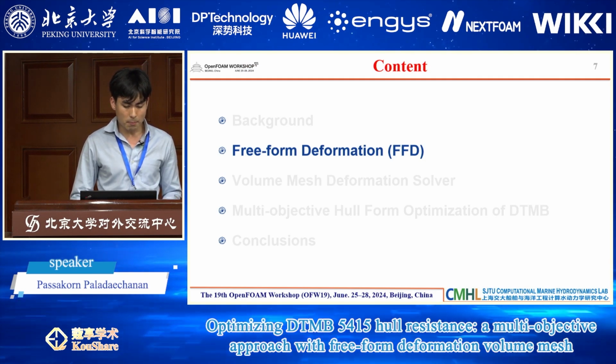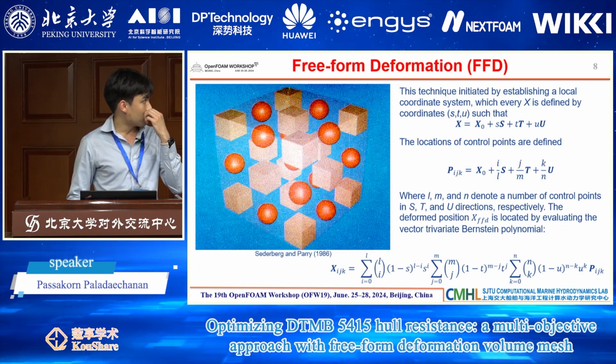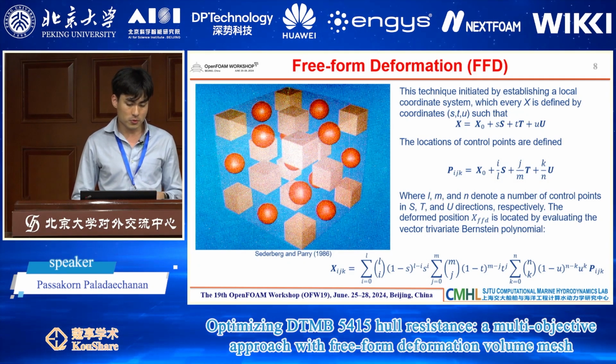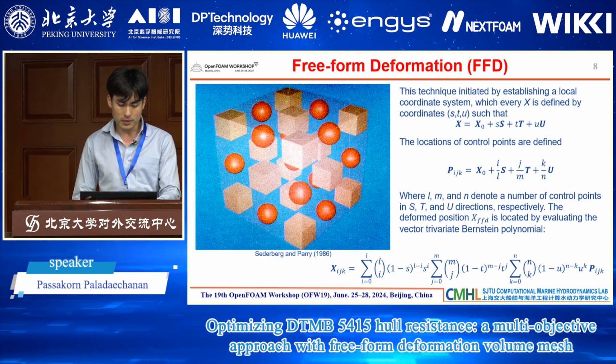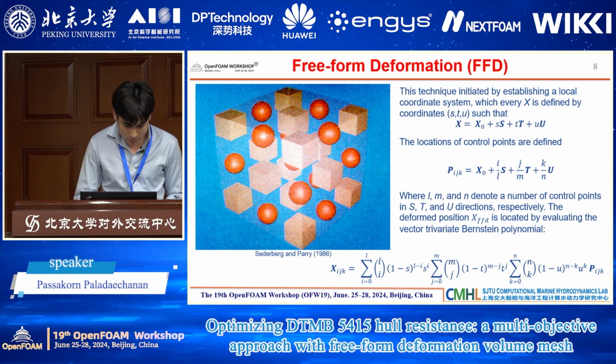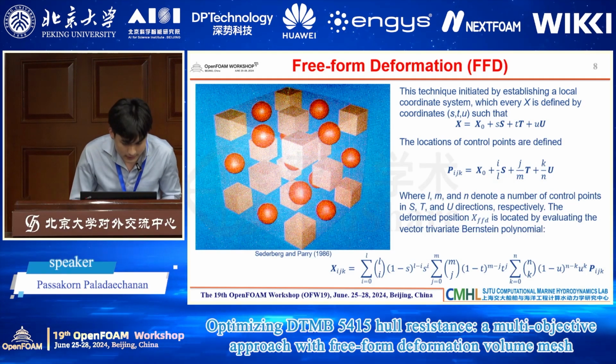And about the freeform deformation. The freeform deformation is a deformation method that we will use in this study. So let me introduce this method. This method was proposed by Sederberg and Parry in 1986.